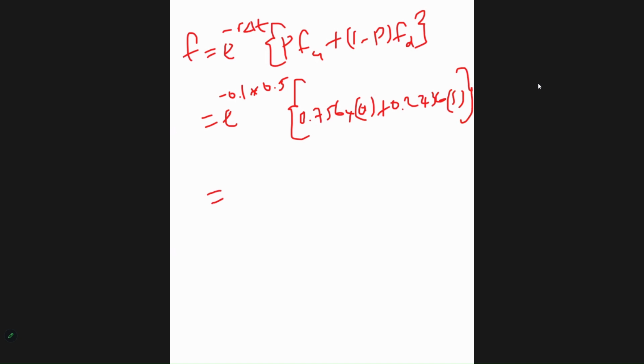So 0.2436 times 5 times exponential negative 0.05, so it's like exponential negative 0.005, times whatever you get.